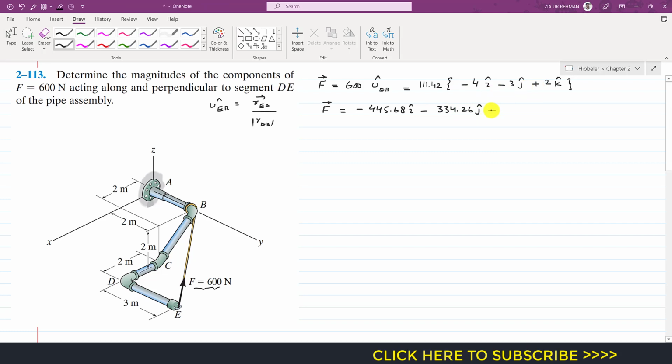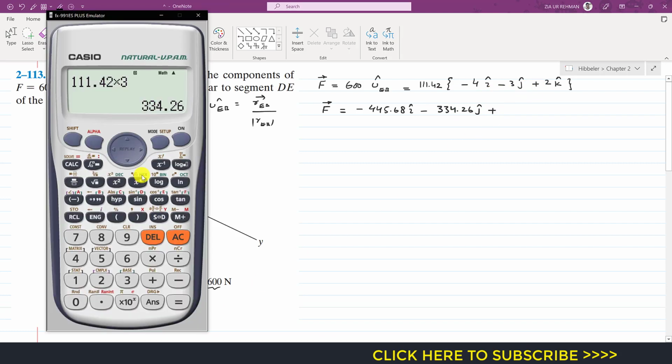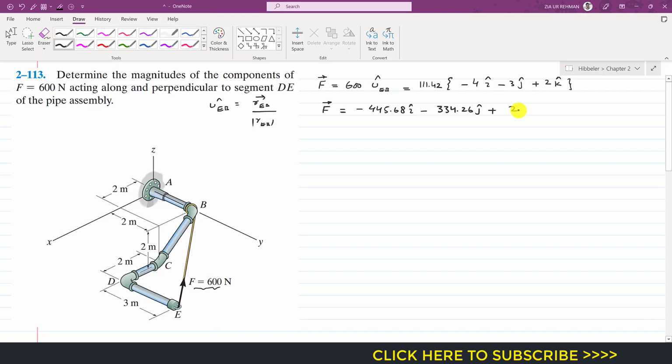Then multiply by 2, and plus into plus is plus, so this is 222.84 in the positive k. So this is the Cartesian vector F, which is acting from E to B.